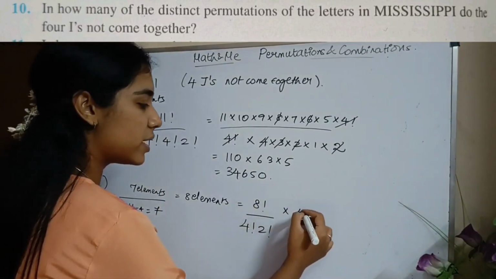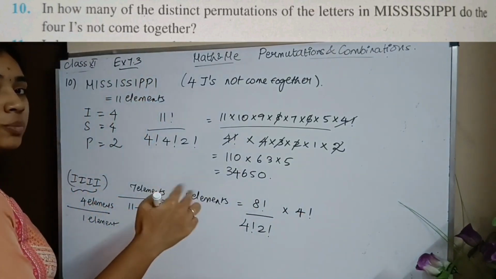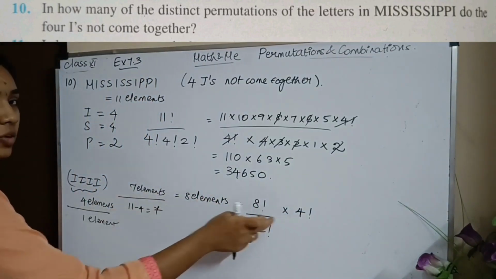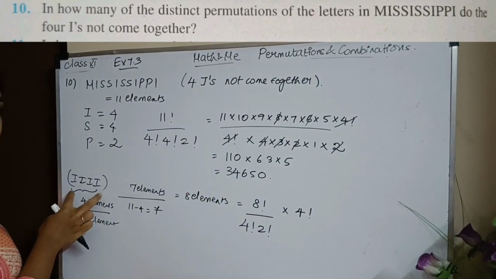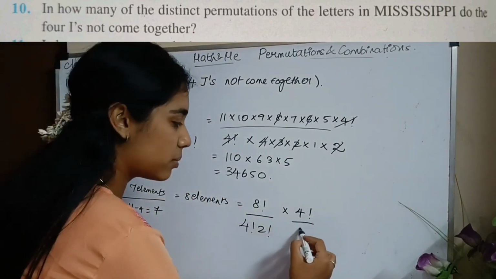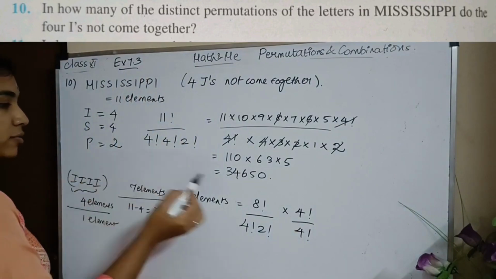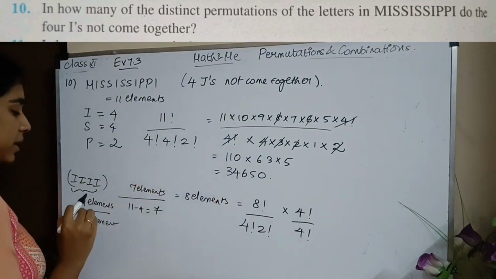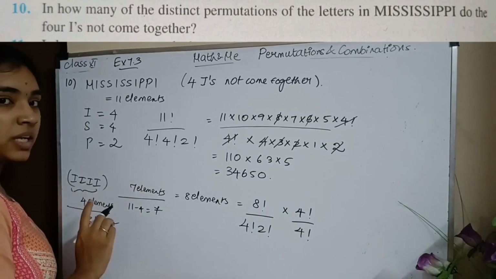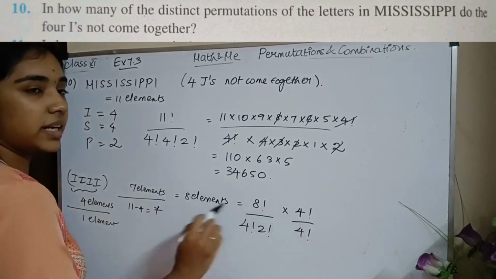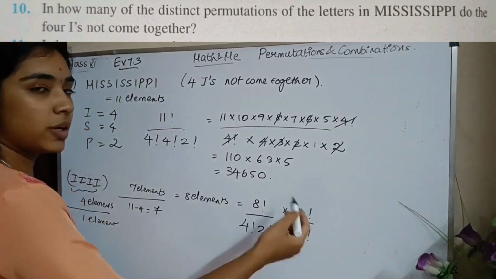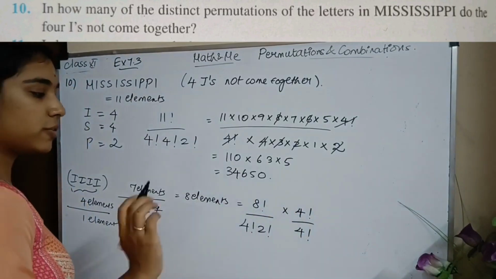So the 4 I's can permute within themselves in 4 factorial ways. But I have 4 similar identical elements, so I have to neglect that. So it will be 4 factorial divided by 4 factorial. Understood? The 4 I's can permute in 4 factorial ways, but they are indistinguishable. They are very similar elements. So we neglect the 4 factorial. So this term is basically equivalent to not writing it, but let me write it for you to understand.